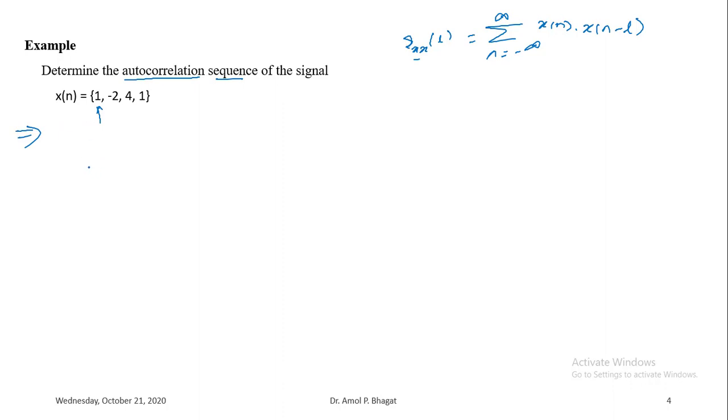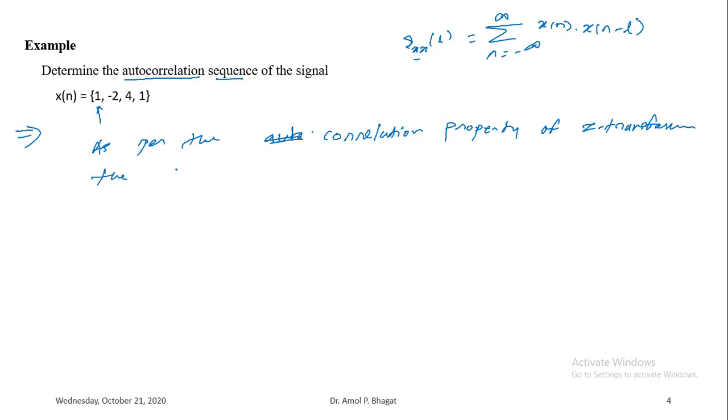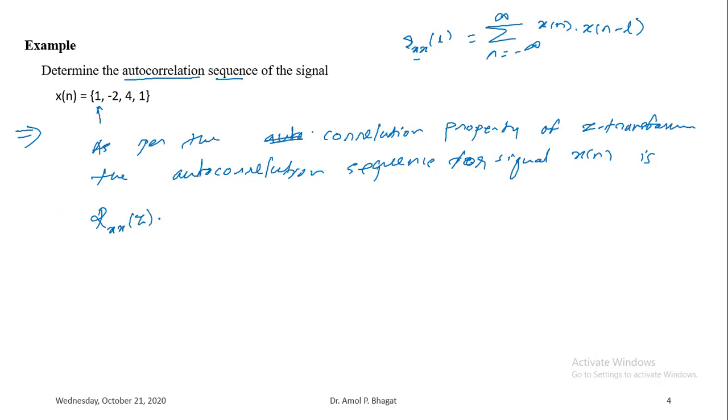So as per the correlation property of Z transform, the autocorrelation sequence for signal x of n is given in the z domain as Rxx of z, which is equal to X of z, because there is only one signal, x of n.